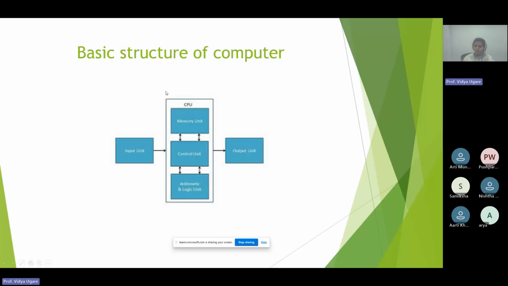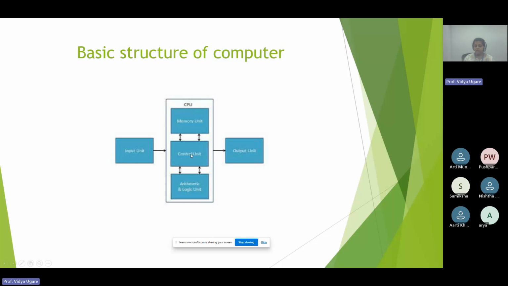The memory unit helps the processor to hold or store the instruction. Whereas the control unit is the one controlling all the other parts of your computer. Not only control unit to memory or control unit to ALU.